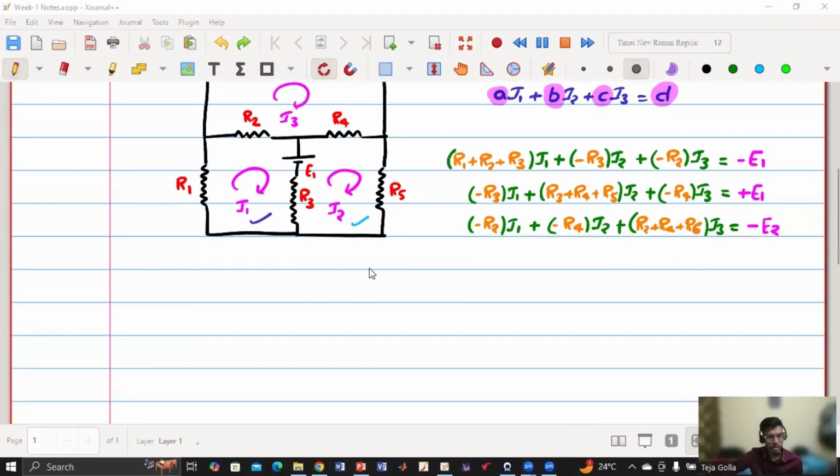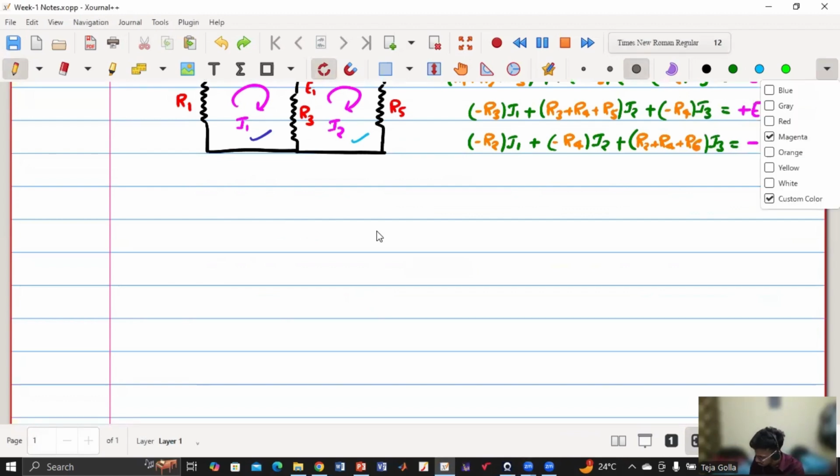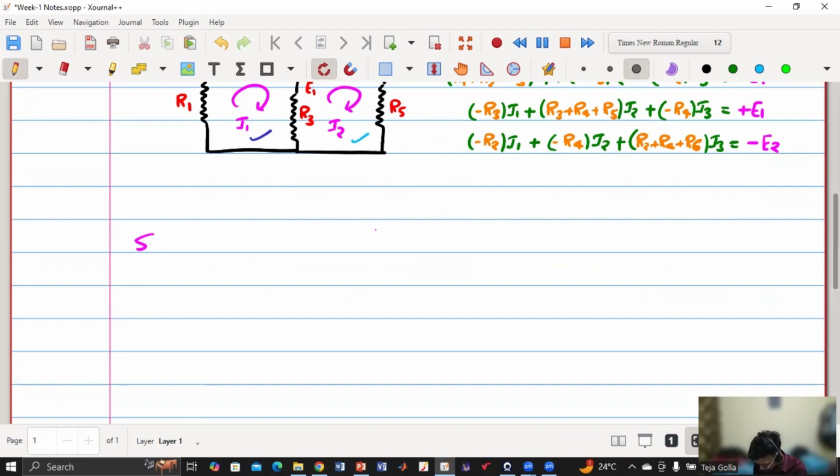I hope you are able to see my screen. One person has asked a query: what if there is a current source between mesh 1 and mesh 2? Very good question. This is called a super mesh. So what is a super mesh?